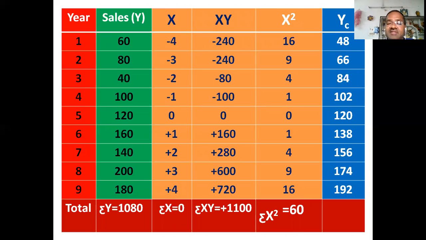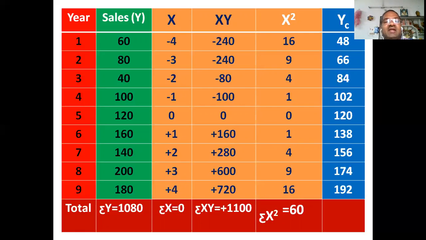Then construct the table. In the first column, we will take the year just as it is, you take from your problem and write them. Then production or sales, whatever is given, you write here: 60, 80, 40, 100. Then X values. Now it is very important.